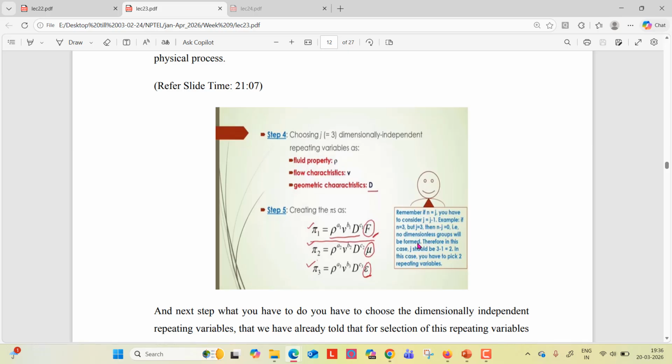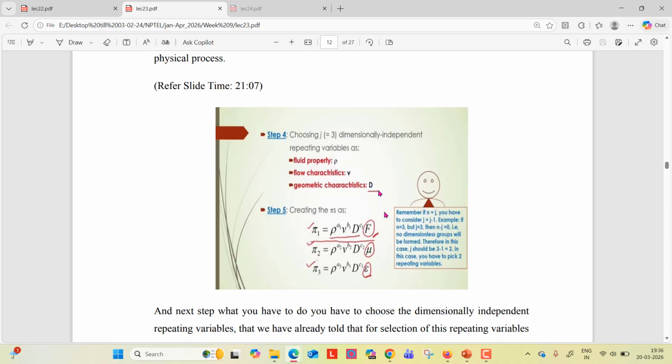So as J equals to 3, we have to choose 3 dimensionally independent repeating variables. But here is a note. Now what is the note? If n equals to j, that means if the number of variables is 3, j is also 3, in that case n minus j equals to 0. That means no dimensionless group will be formed, which is not possible. Therefore in this case you should be taking j as 2.